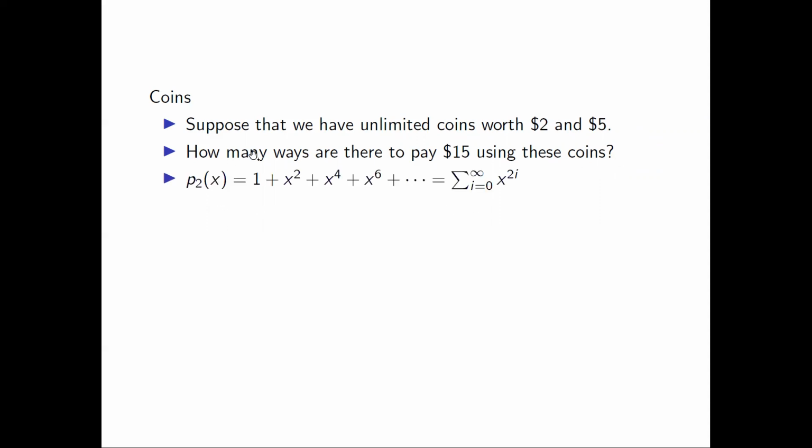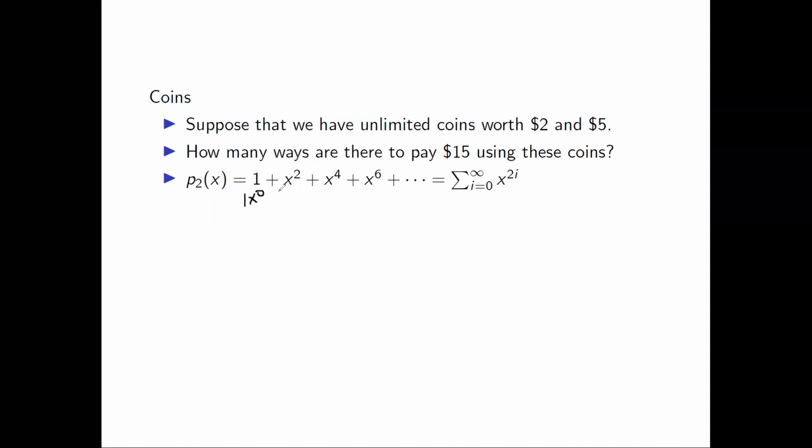This polynomial for the $2 coins gives us the number of ways to make an amount out of $2 coins. The first term, the 1, we can write as 1 times x to the 0.